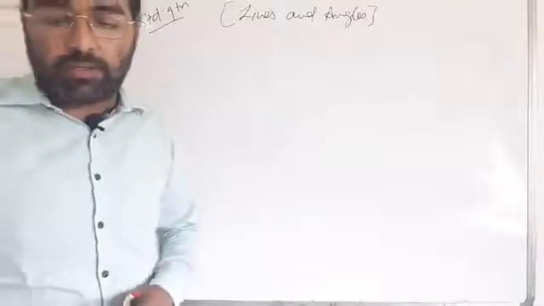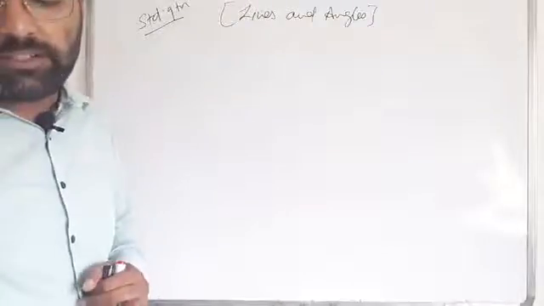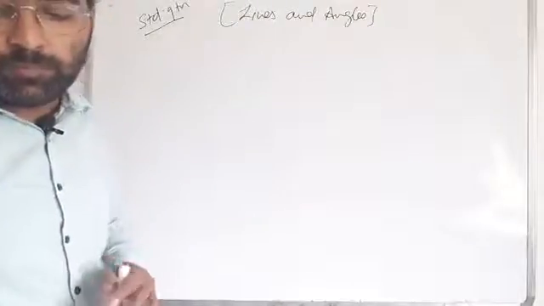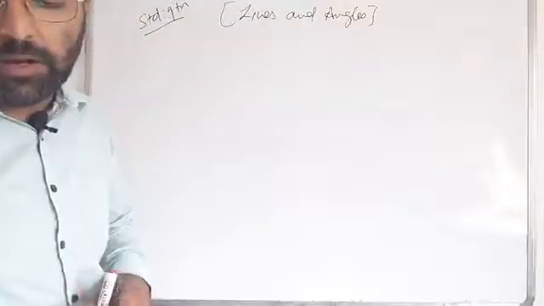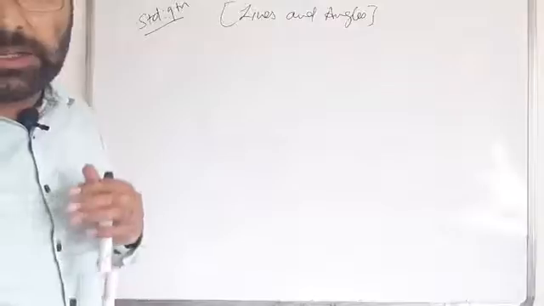Here my first question is that in the figure, sides QP and RQ of triangle PQR are produced to points S and T respectively.